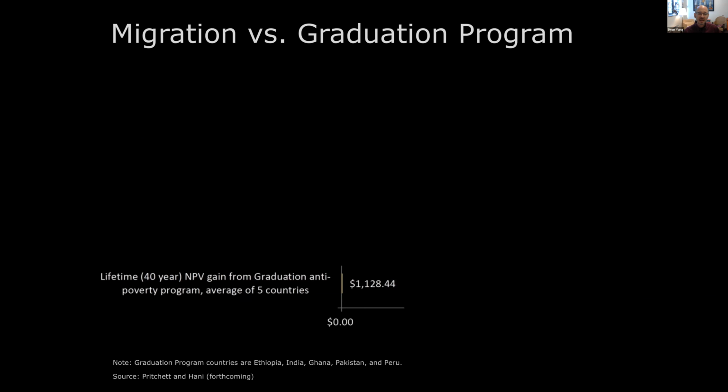But one thing I wanted to show, to put this in context, with some nice data put together by Pritchett, basically comparing the gains from labor migration from a developing to a developed country, to gains from perhaps the most impactful anti-poverty intervention that has been studied recently by development economists. So looking at the ultra-poor graduation program implemented by the NGO BRAC in many different countries.